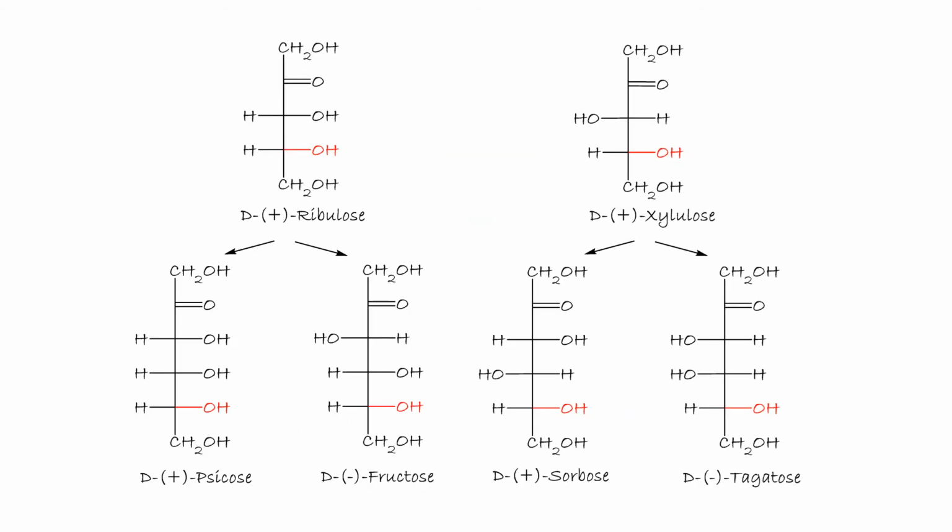And we keep going here again, right and left, and we get D-psicose and D-fructose. If we start with xylulose, increasing one OH to the right, sorbose, D again, and here we get the D-tagatose.